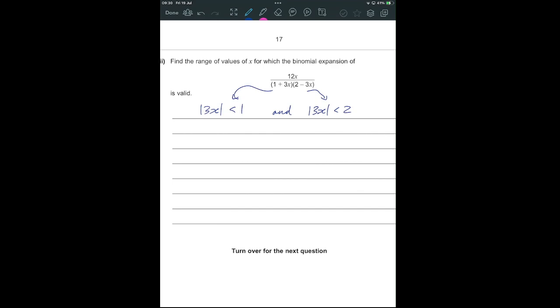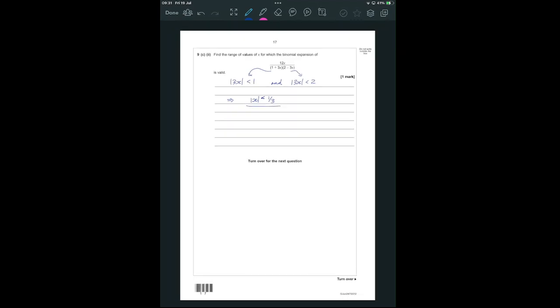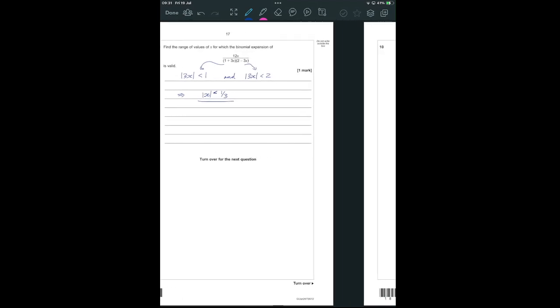Now, of course, being less than 1 is a stronger condition than being less than 2, so I don't need to deal with the second one at all. So it's just that mod x is less than 1/3. The other condition would have been mod x less than 2/3, but that's guaranteed if you ensure you're less than 1/3.